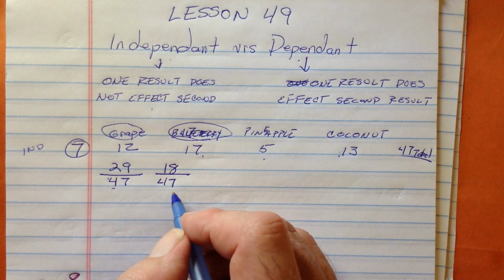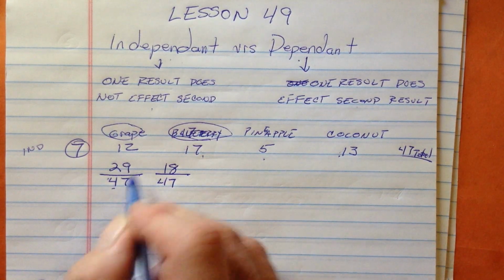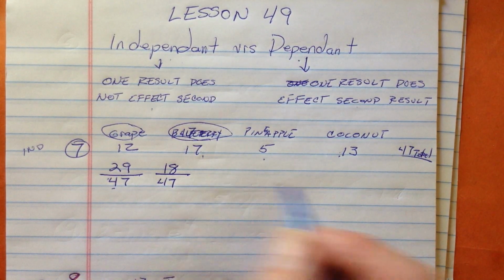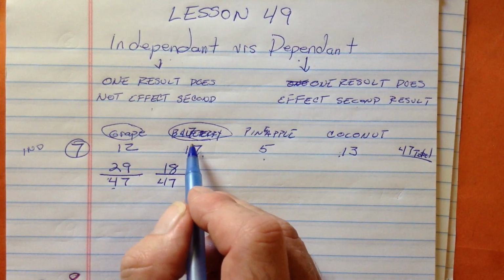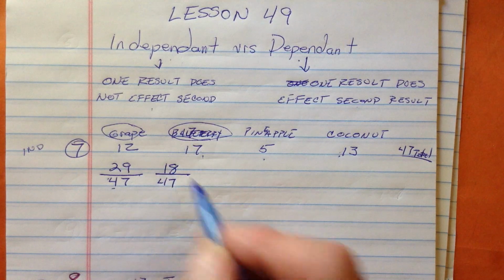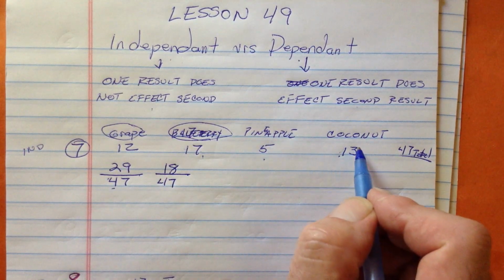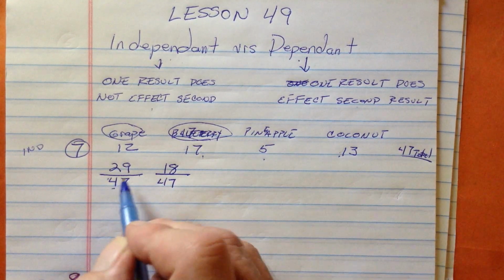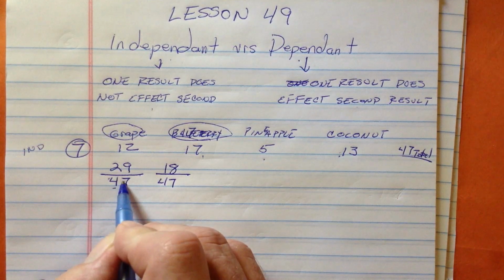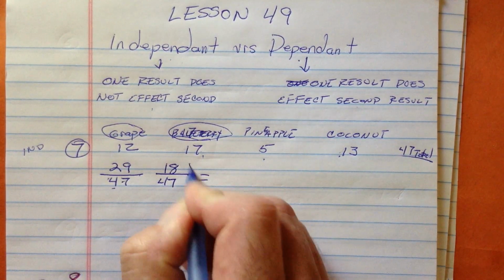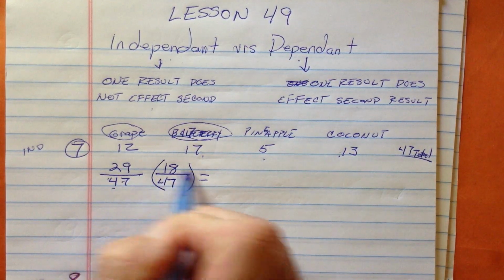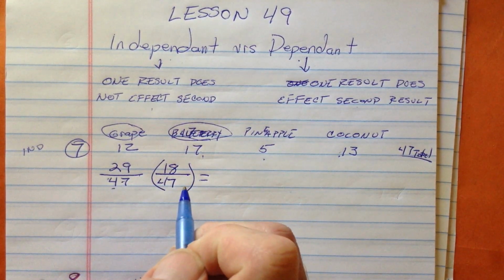So I need to combine those. I'm looking for the probability of drawing a grape or a blueberry on the first one, putting it back in, and then a pineapple or a coconut on the second one. This is my probability on the first drawing, and this is my probability on the second drawing. Since I need to combine them, you want to multiply these fractions.